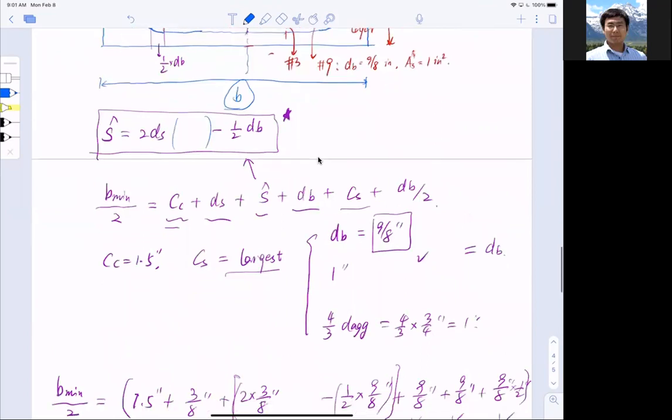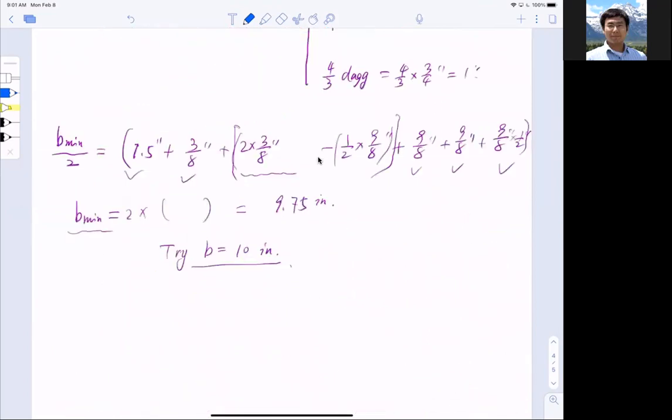Following the calculation, the extra ds is gone from the equation, and you finally get 9.75 inch. Please double check the number again, and follow through this corrected procedure for your own understanding and reach a good number. So this is the correction from the last lecture note.